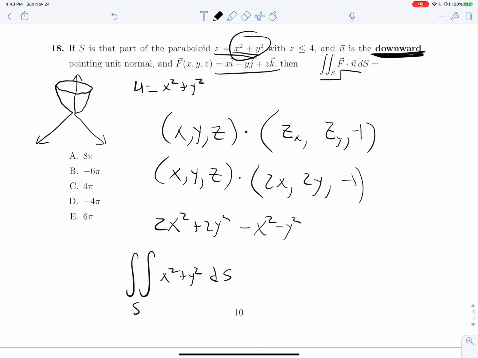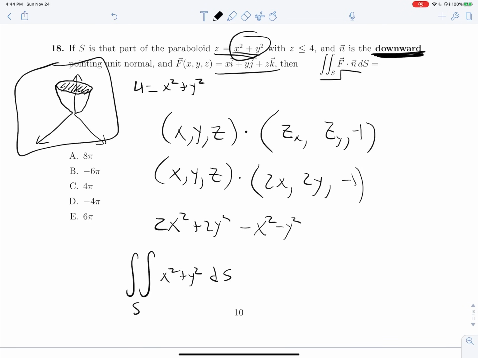And we know that we can take this integral and turn it into the integral of the xy plane projection of our surface. And looking at what our graph tells us, we see that our surface is expanding out to be, if we look at this top path, a circle of radius 2.